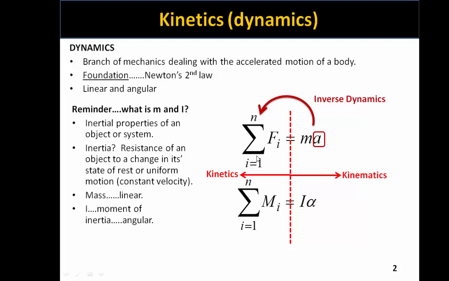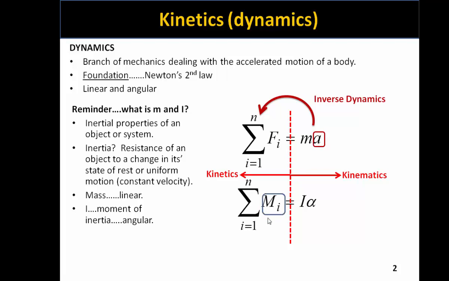Backwards because, as we typically read equations from left to right, we perform the analysis by starting with information related to acceleration, and we calculate backwards to get an estimate of the forces that are in existence that would create that acceleration.